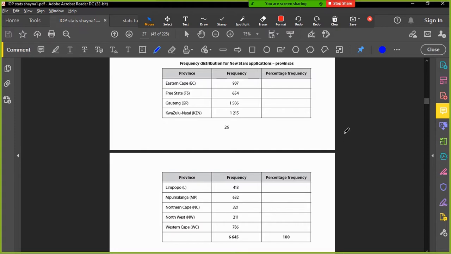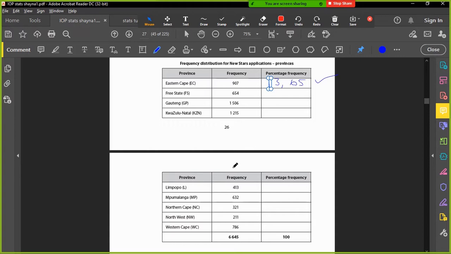Oh, there, 6645. And then I must times it by 100. So to 2 decimal places, 13.65. Yes, 13.65. Great.